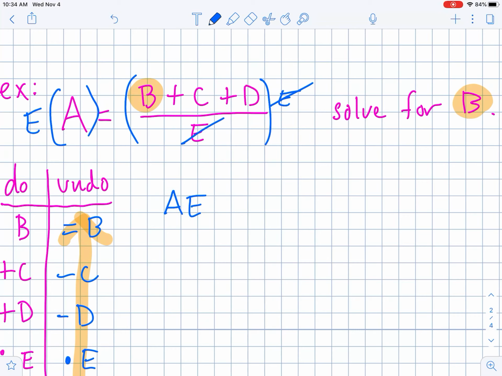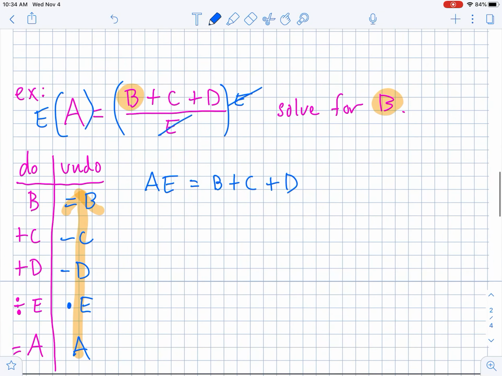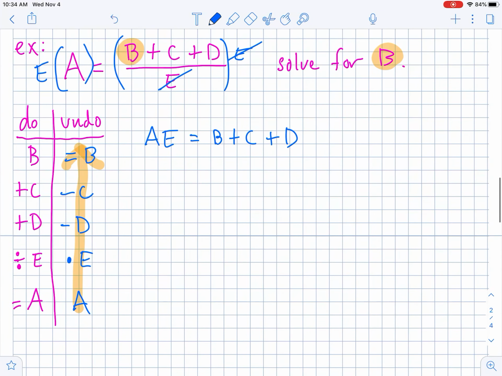And then this e and this e will cancel out, leaving you with AE, or EA, it doesn't matter which order, equals B plus C plus D. Then, according to our undo table, we need to subtract D and subtract C. So the way I think of that is that like this positive B needs to come to the other side and be negative. So it's like AE minus B, and then is equal to C plus D.